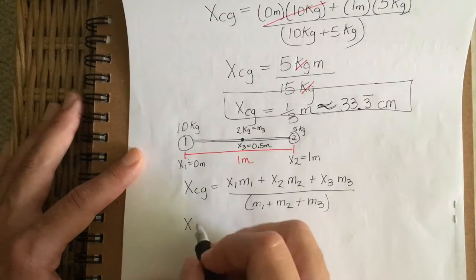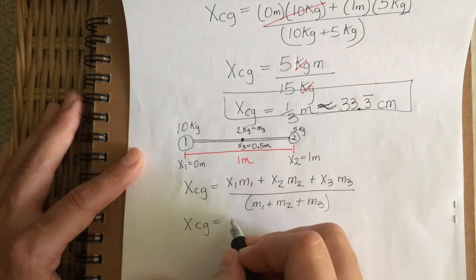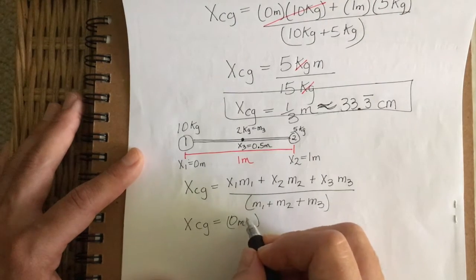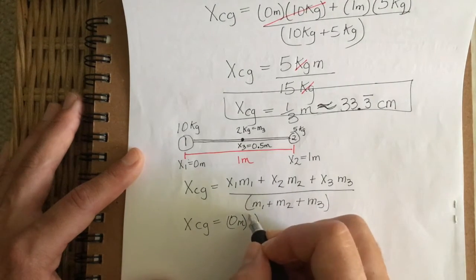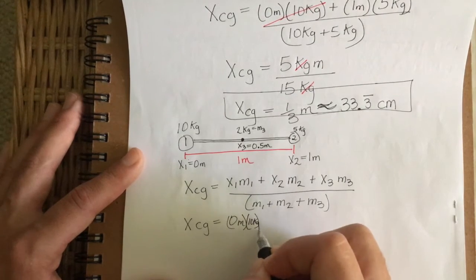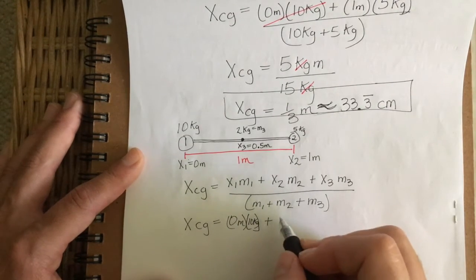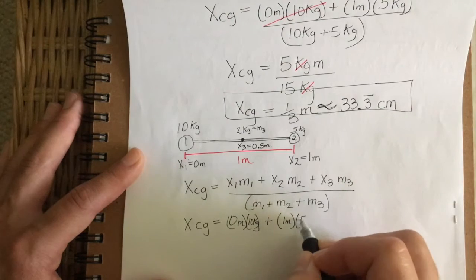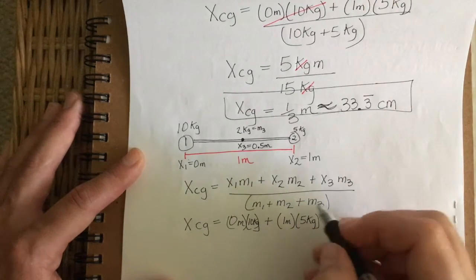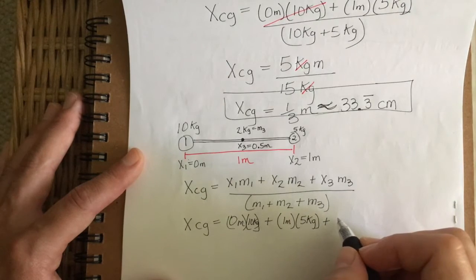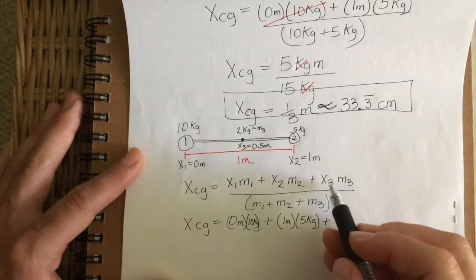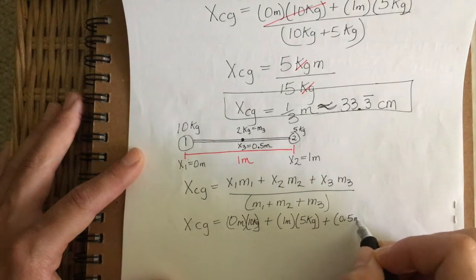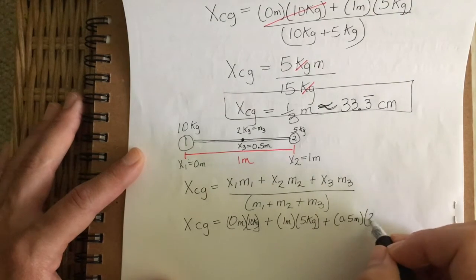Okay, so I can go ahead and solve down here. XCG is equal to x1, which is 0, times m1, which is 10, plus m2, which is at position 1 meter and has the mass 5 kilograms, plus x3 m3, which is at position 0.5 meters and is 2 kilograms.